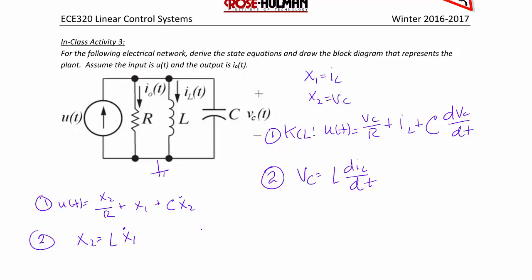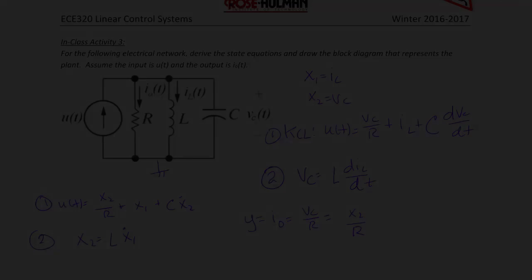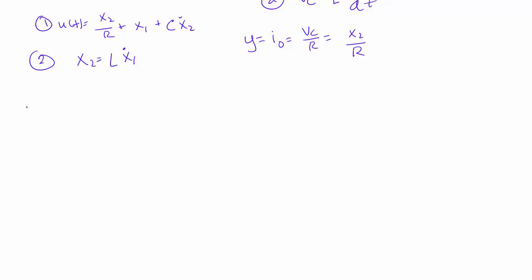And since the output is I naught, y is equal to I naught, which equals VC over R. So y is equal to x2 over R. So solving for x1 dot is equal to 1 over L times x2.